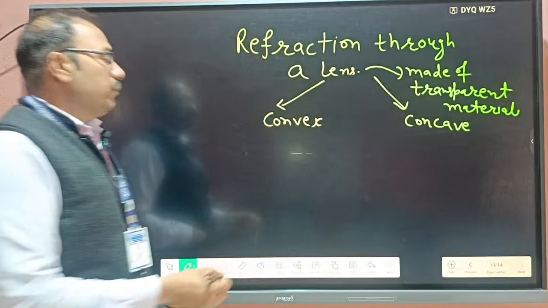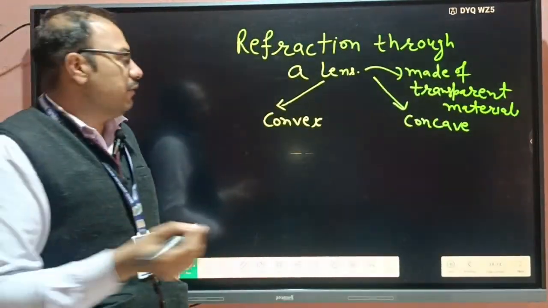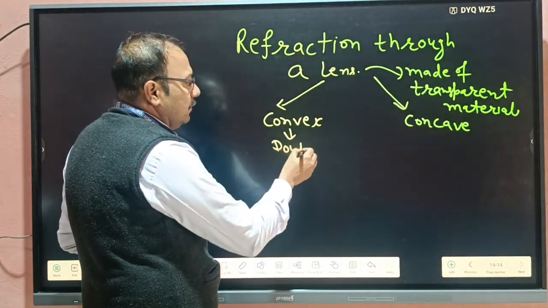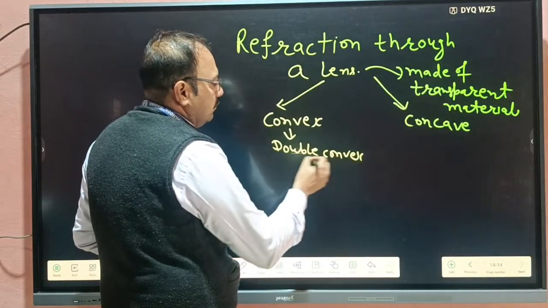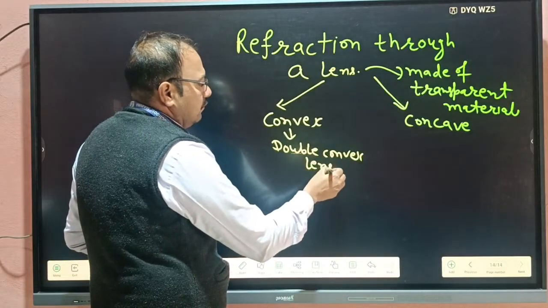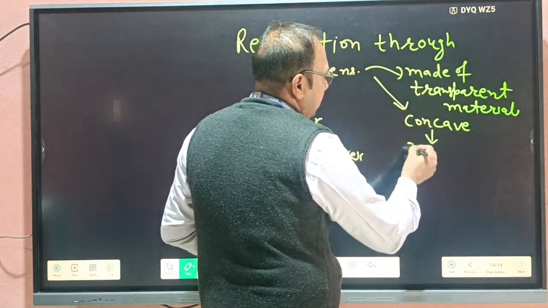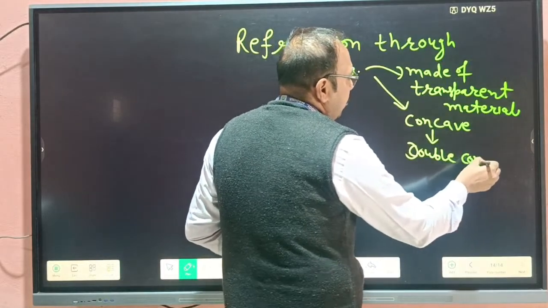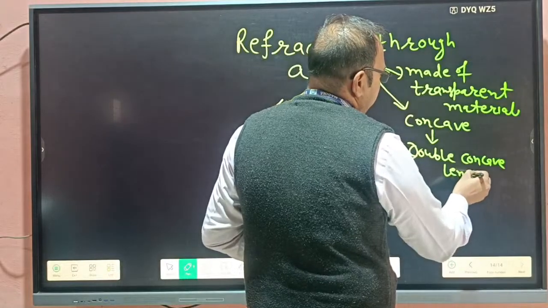Sometimes we call the convex lens a double convex lens, and this we call a double concave lens.